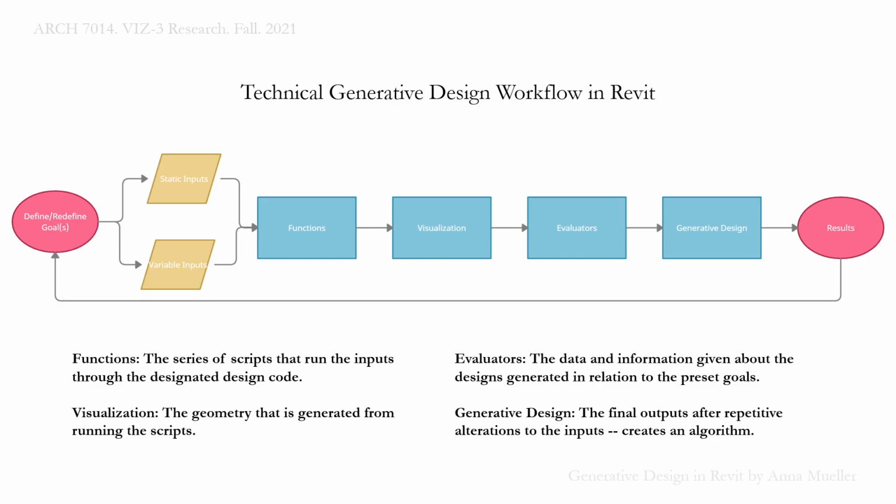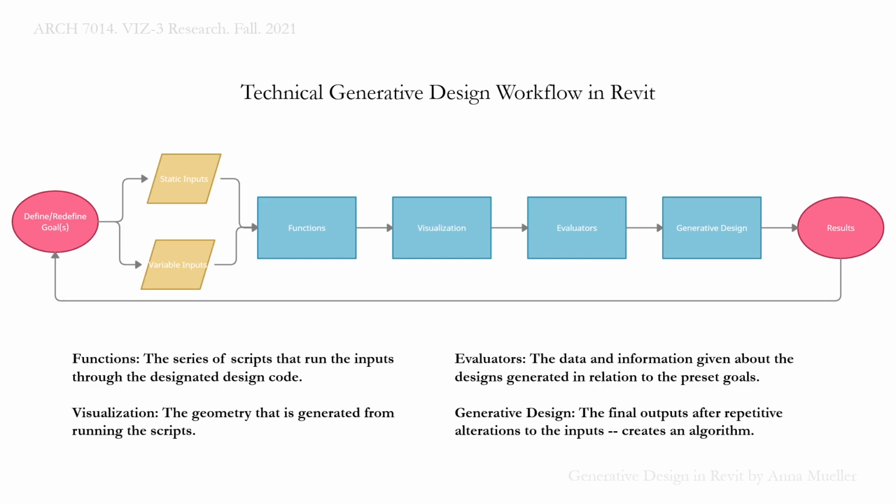This is when the computer has all of its design options already decided upon for optimizing what you had input. It just needs to create the graphics for them. So the geometry that is generated from running the scripts is made. And then evaluators come next, and this is where the data and information about the designs generated, in relation to the preset goals, is brought up and analyzed.